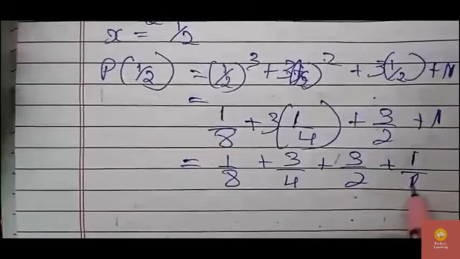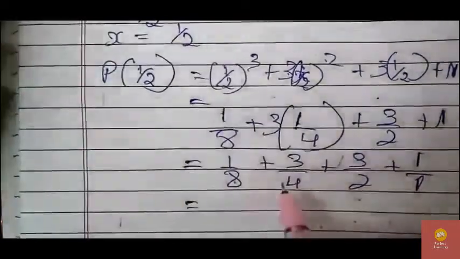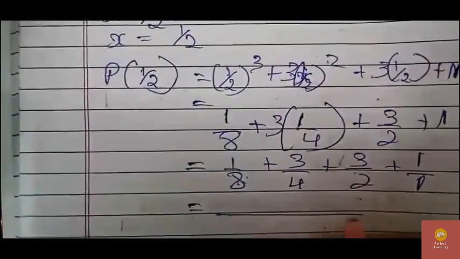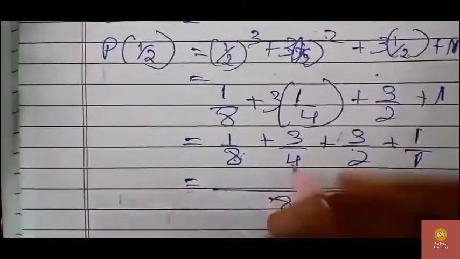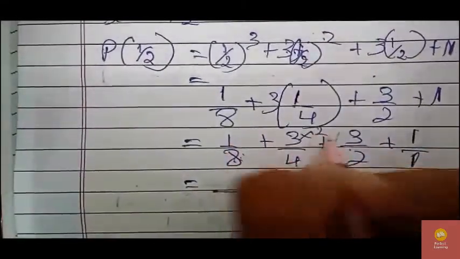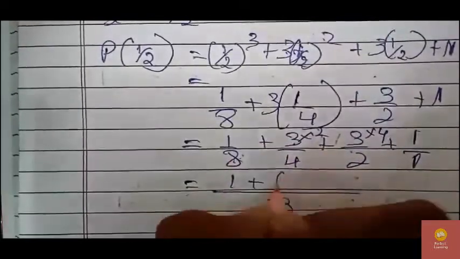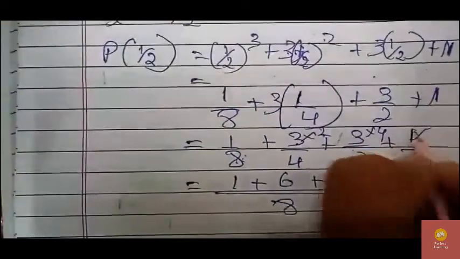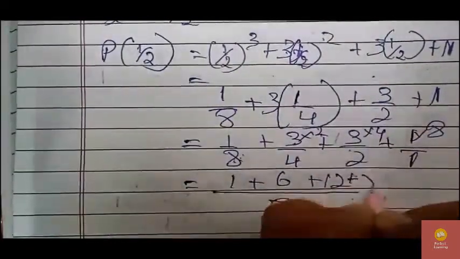The denominator for 1 will be 1. When we take the LCM of 8, 4, 2, the LCM of these three numbers will become 8. And next, 8 divided by 8 is 1, plus 3 twos are 6, plus 3 fours are 12, and finally plus 8.